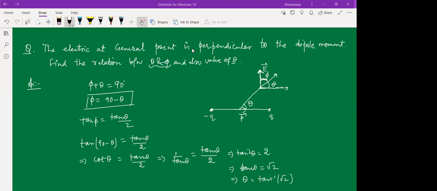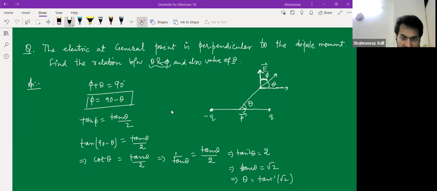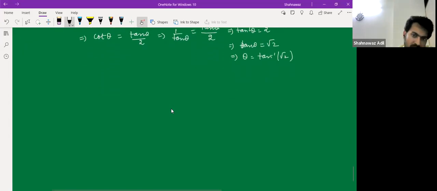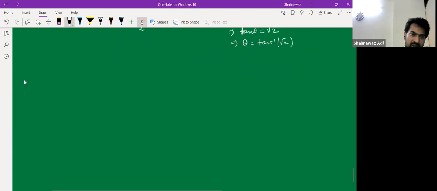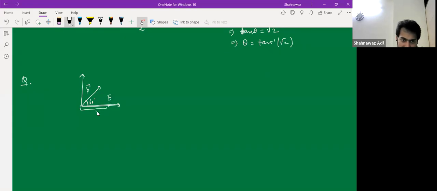Okay, so you guys just take these two questions. First, this is the dipole moment vector P, and it is making an angle of 60 degrees with the x-axis. You need to calculate the magnitude of the electric field at a distance A from this point.